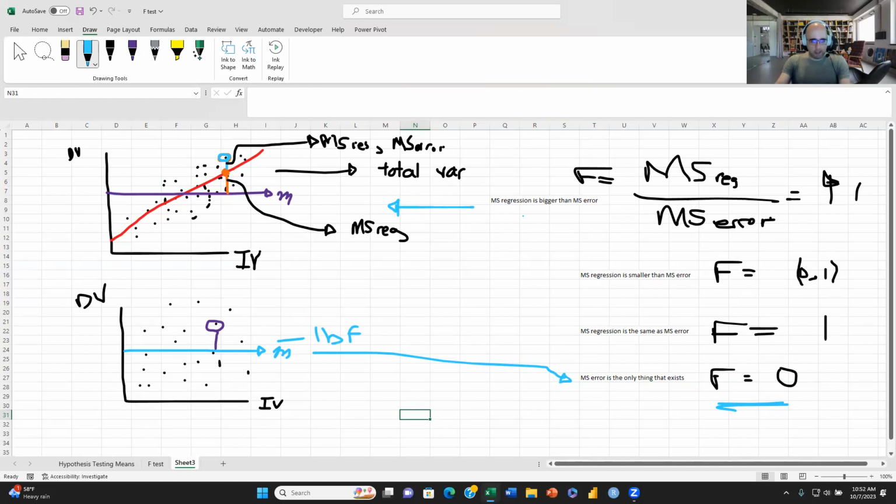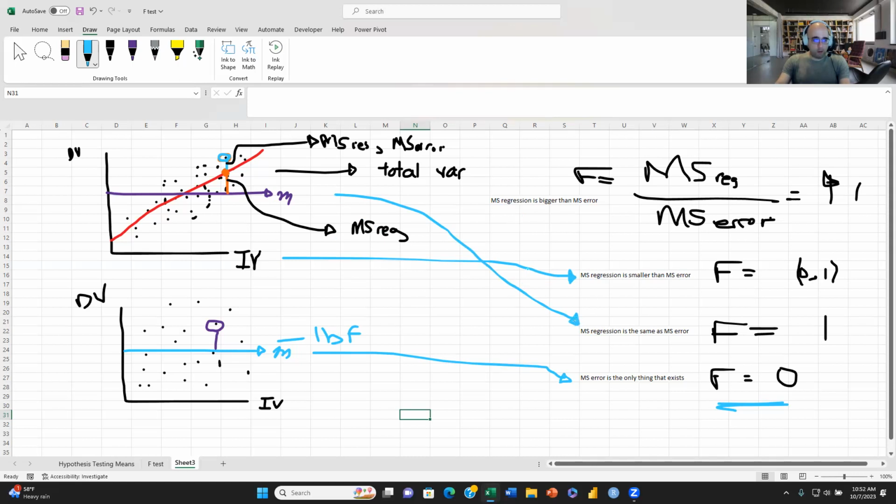And it can either be a small relationship. In case of small, tiny relationships, you would expect the error to be greater than the regression. It could be a y equals x kind of relationship. In case of even relationships where the variances are equal, you would expect an F close to 1.